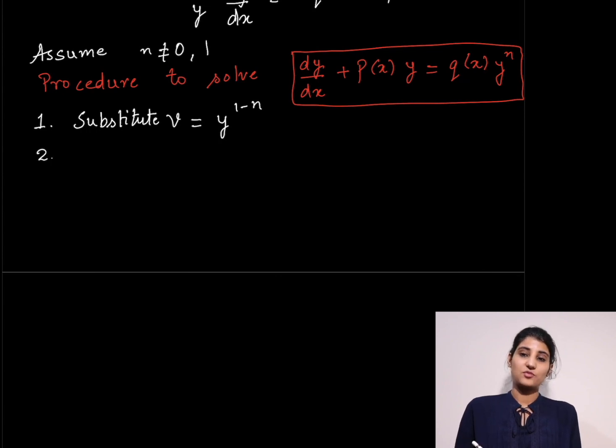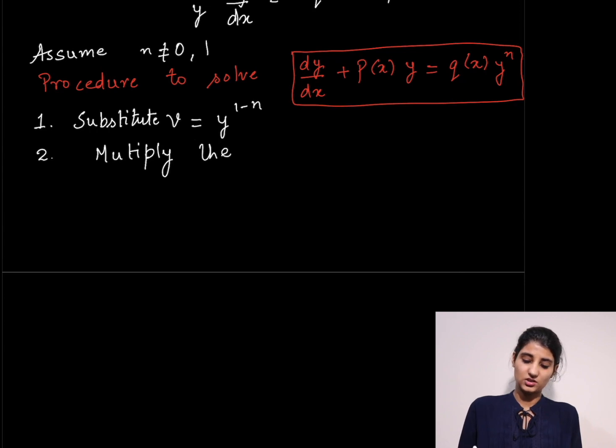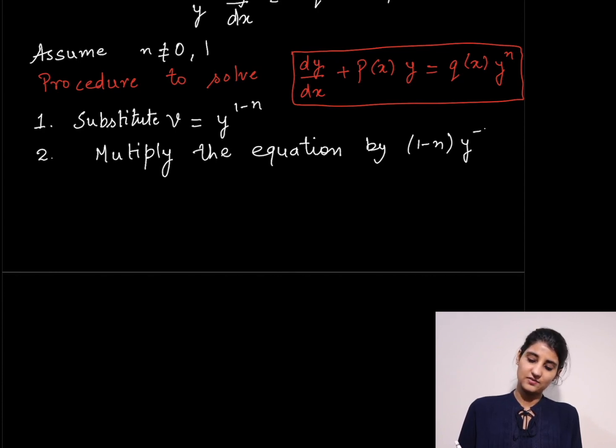Just for completeness, I'm writing down the other steps, and you will see for obvious reasons, you will need to multiply the given Bernoulli equation by (1 minus n) times y raised to power negative n. If you look at this clearly, this is nothing but the derivative of v with respect to y.